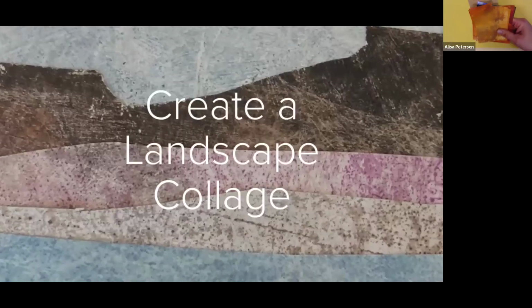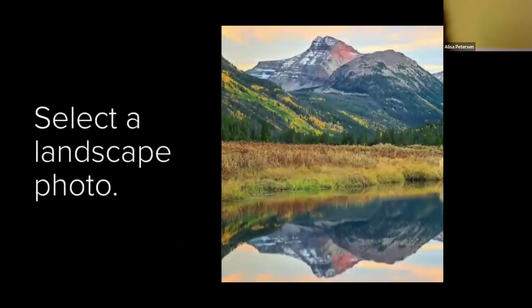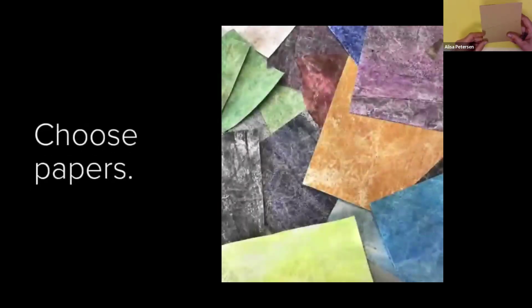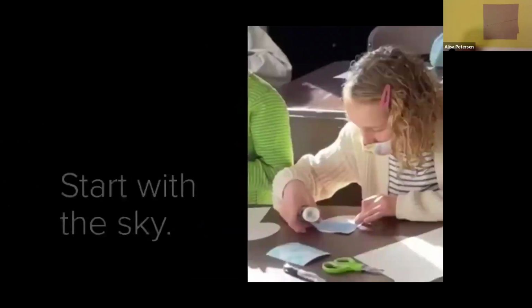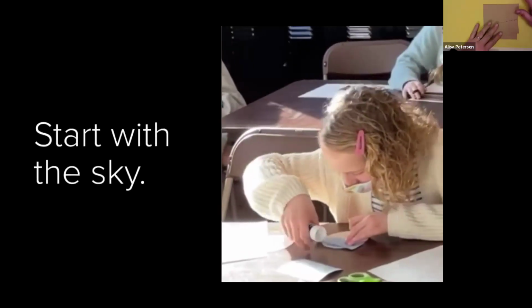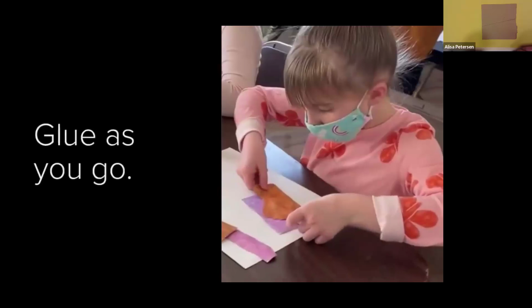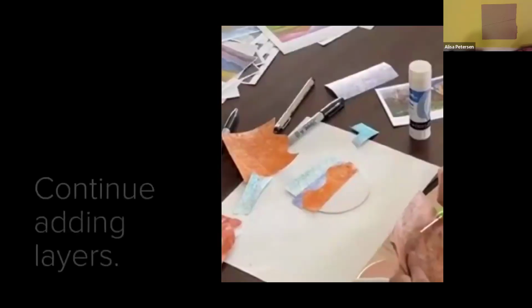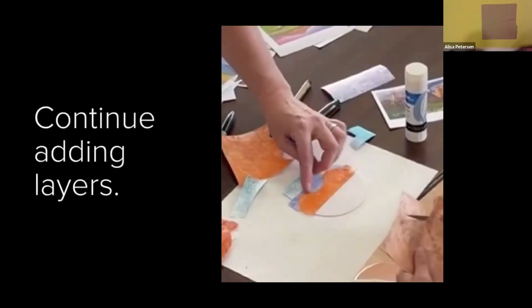Create a landscape collage. Select a landscape photo to use as a reference. Trace lines in the landscape. Choose papers to use in your project. Start with the sky. Glue as you go. Continue adding layers.